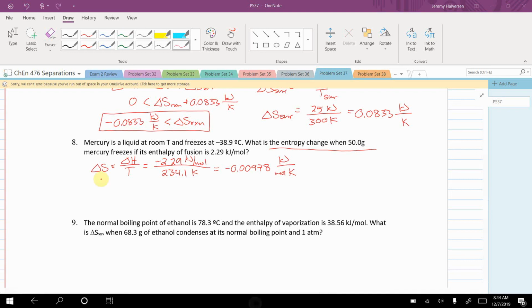So the total entropy change, first do 50 grams, and 1 mole of mercury is 200 grams. So this would be 0.25 moles of mercury.